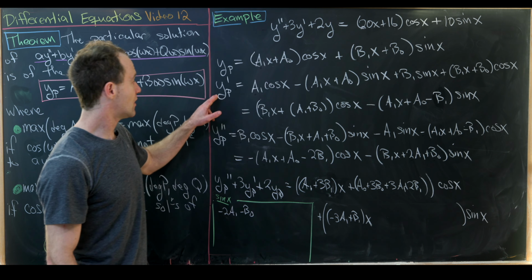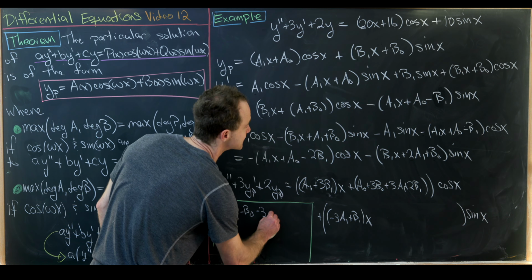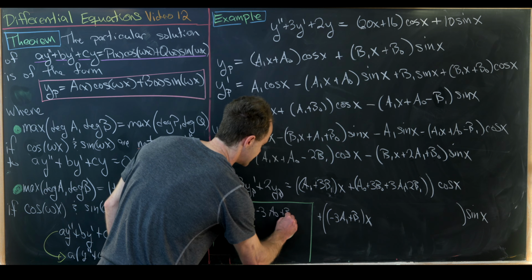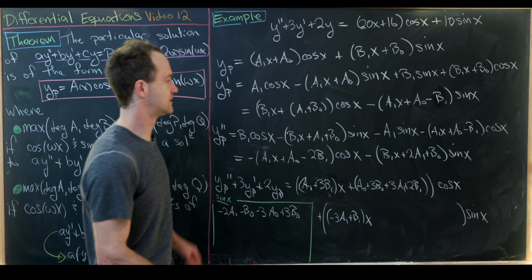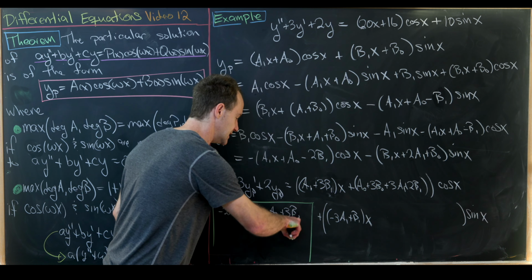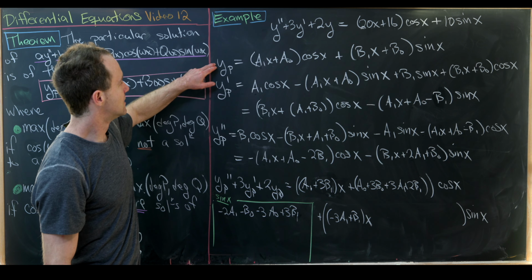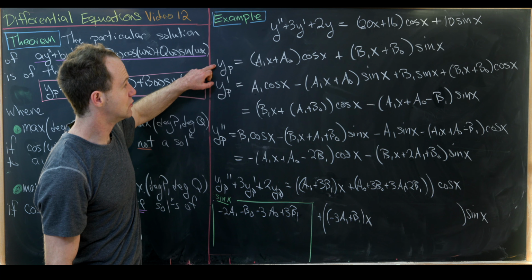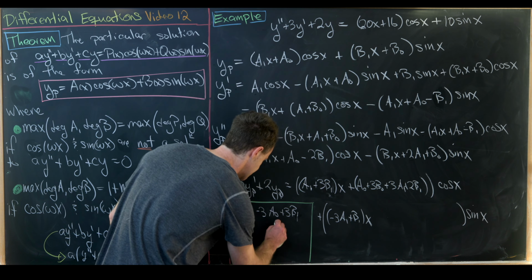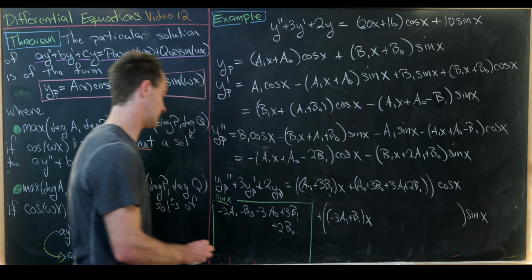From 3yp prime, we'll have minus 3a naught plus 3b1. So that's from this guy right here and this guy right here. Sorry, that should be a b1. Okay, sick. And then multiplying this by 2, we'll get 2b0, so plus 2b0. Okay, so let's see what that simplifies to.